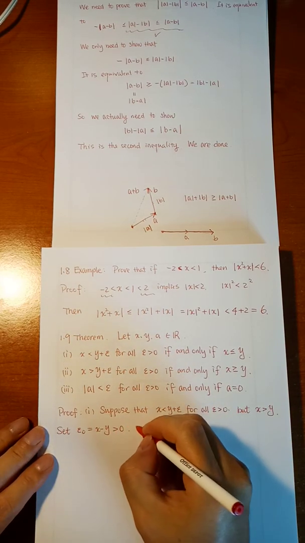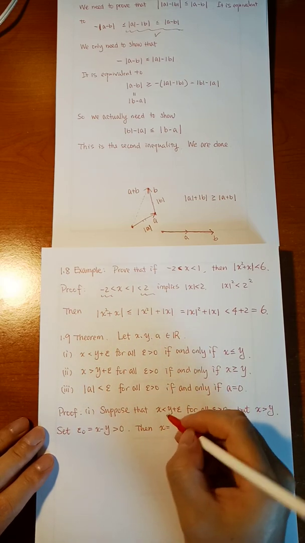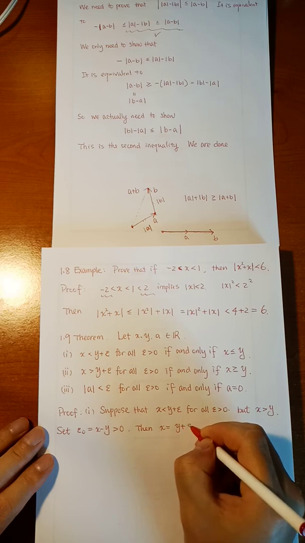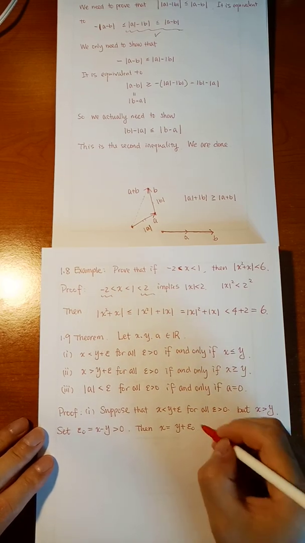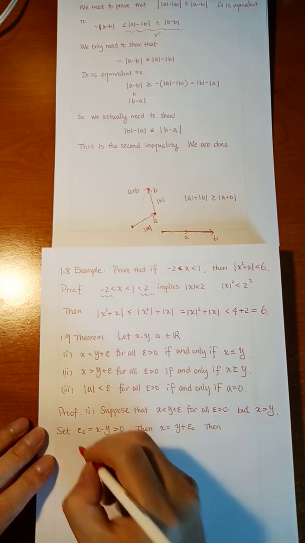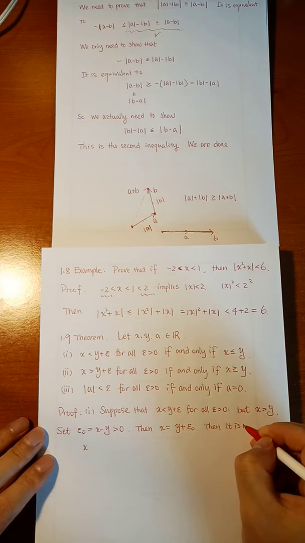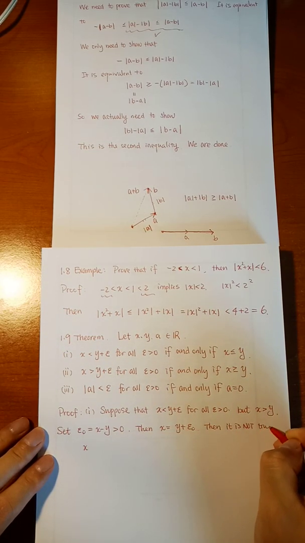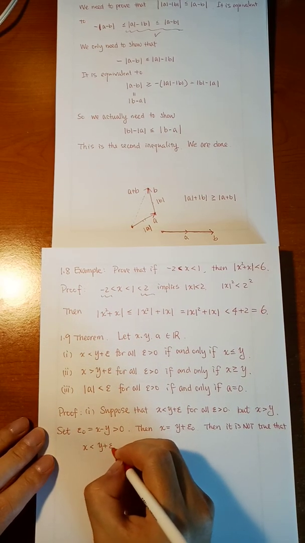Then this implies x is equal to y plus epsilon 0. Then it is not true that x is less than y plus epsilon 0.